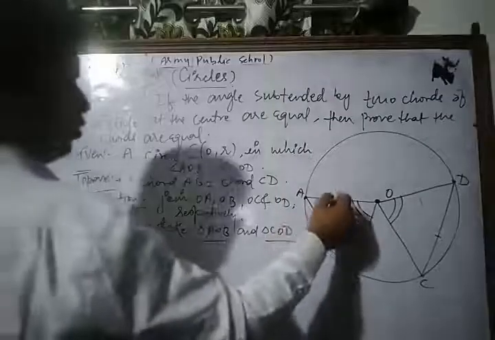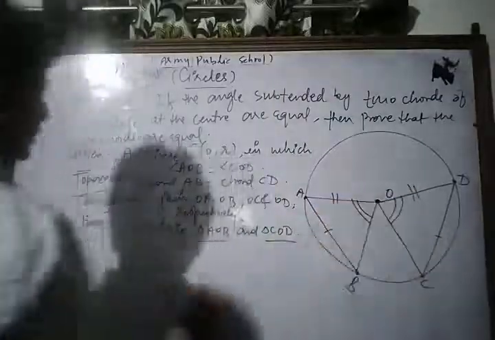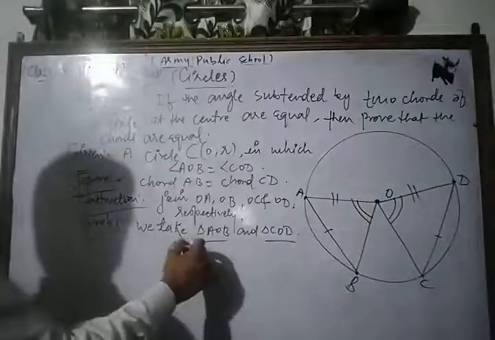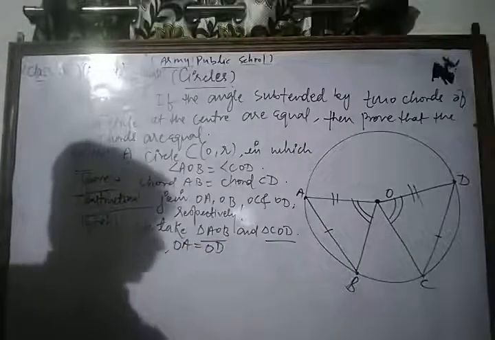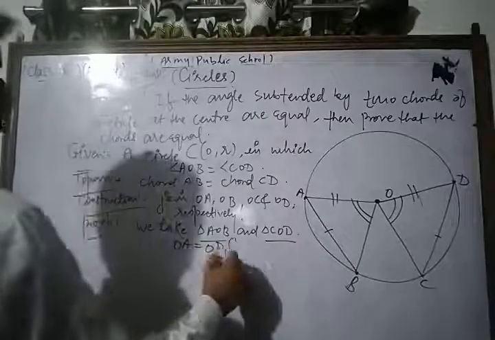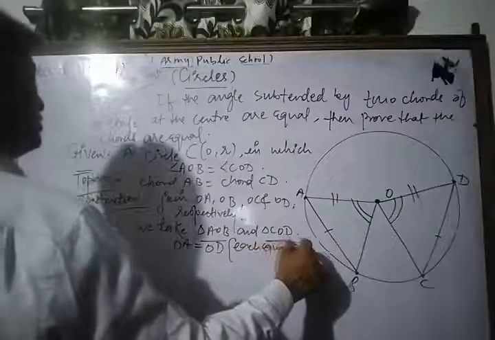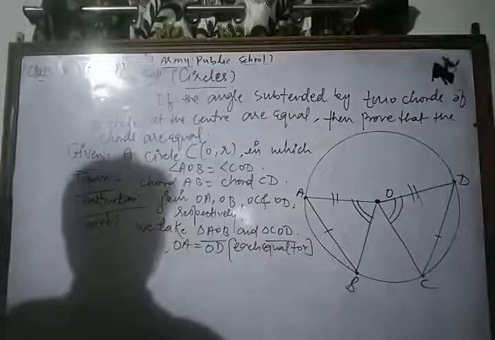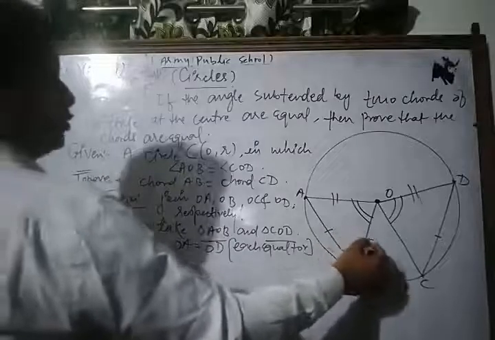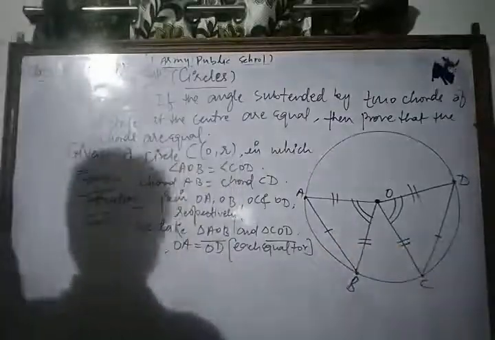OA is equal to OD, because both are equal to the radius r. OA is equal to OD. OB is equal to OC.